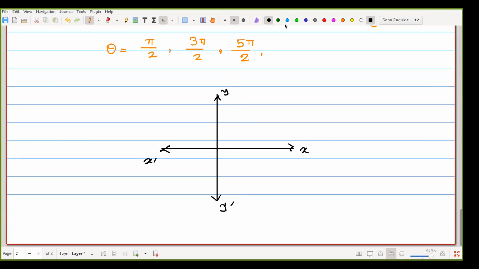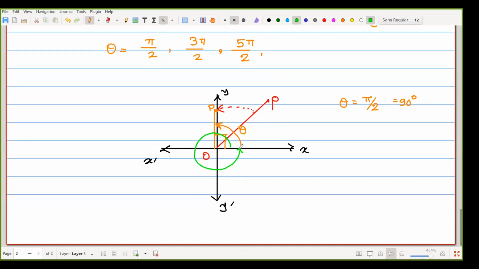Suppose that is our revolving line, OP. When it coincides with the y-axis, P is here. The angle is always counterclockwise like that, theta. So the first one means theta may be pi by 2, that means 90 degrees.